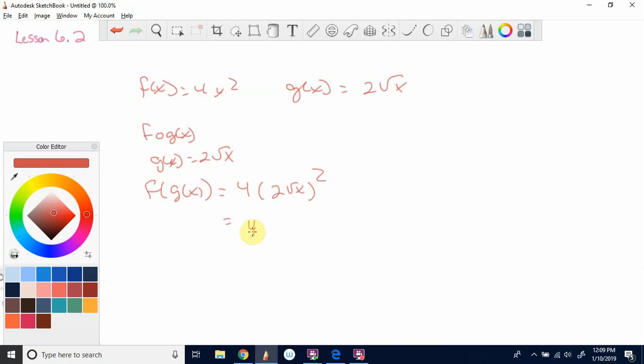So this equals 4 times 4x, which equals 16x. That does not equal x, so I can stop there and say they are not inverses, because both of them have to equal x, and they don't.